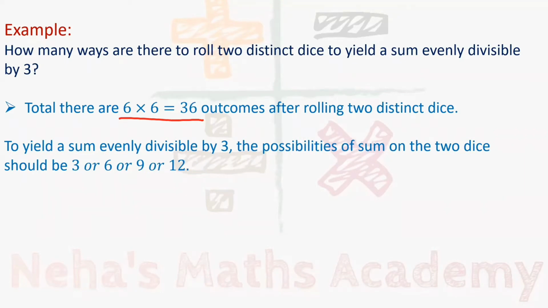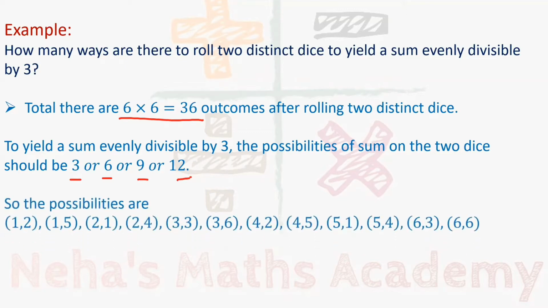So to yield a sum which is evenly divisible by 3, the possibilities of sum on the two dice should be 3 or 6 or 9 or 12. So the possibilities are 1 2, that is 1 on the first die and 2 on the second die, or 1 5, 1 on the first die, 5 on the second die.